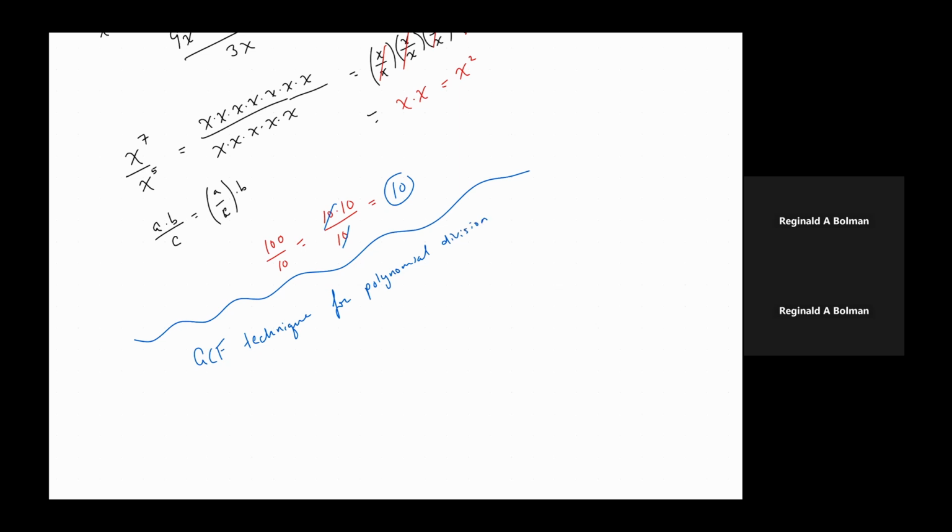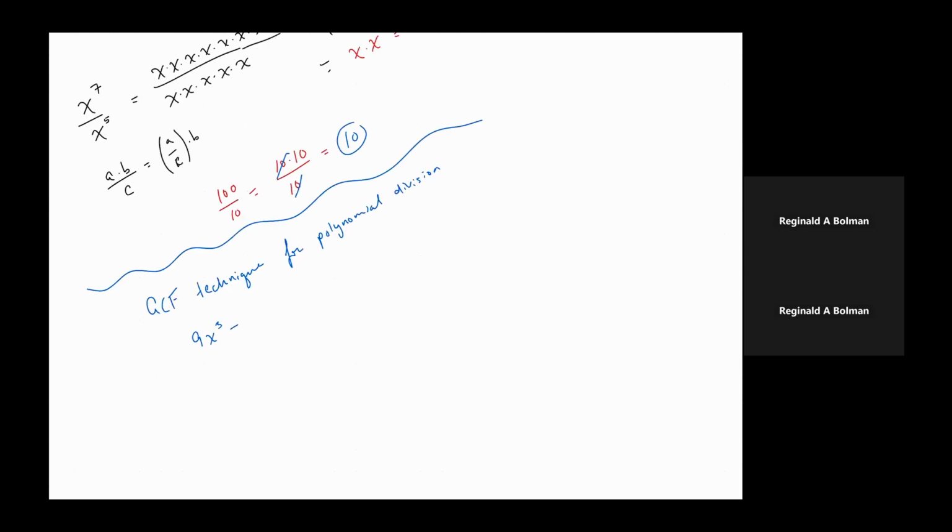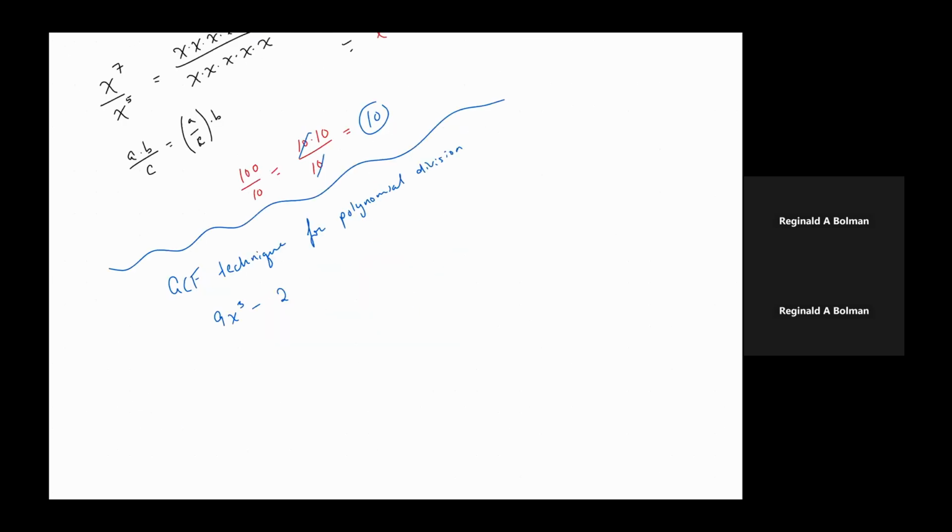So what we're going to do for 9x cubed minus 21x squared is, just like with 100 divided by 10, try to determine if there is a GCF in common between one or more terms in our numerator. And if the GCF is in common with the numerator and the denominator, then terms will start to divide out.